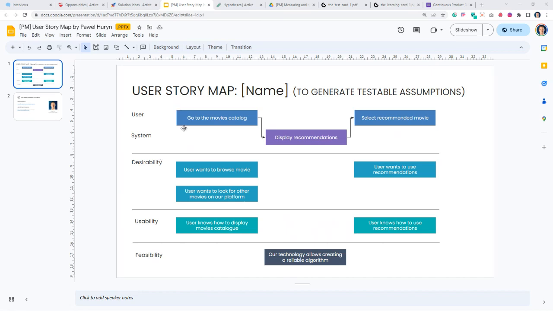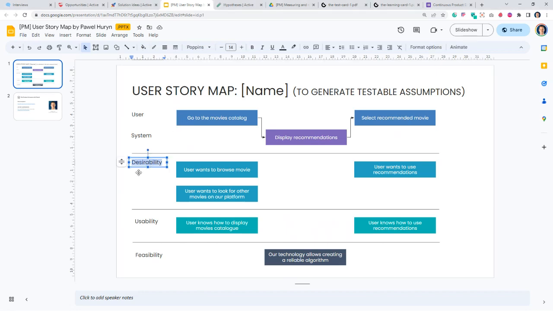But when it comes to the user story map, for this first step, the first step is go to the movies catalog. So desirability, or value for the customers. Some obvious candidates are that the user wants to browse the movie catalog, because if the user doesn't want to, they will not go to this catalog. And another assumption may be that the user wants to look for other movies on our platform, because they may choose, for example, YouTube.